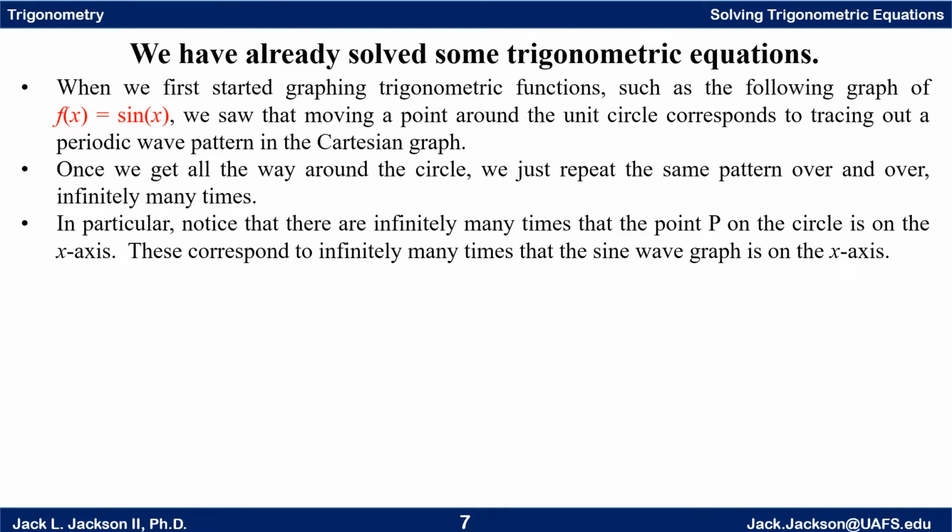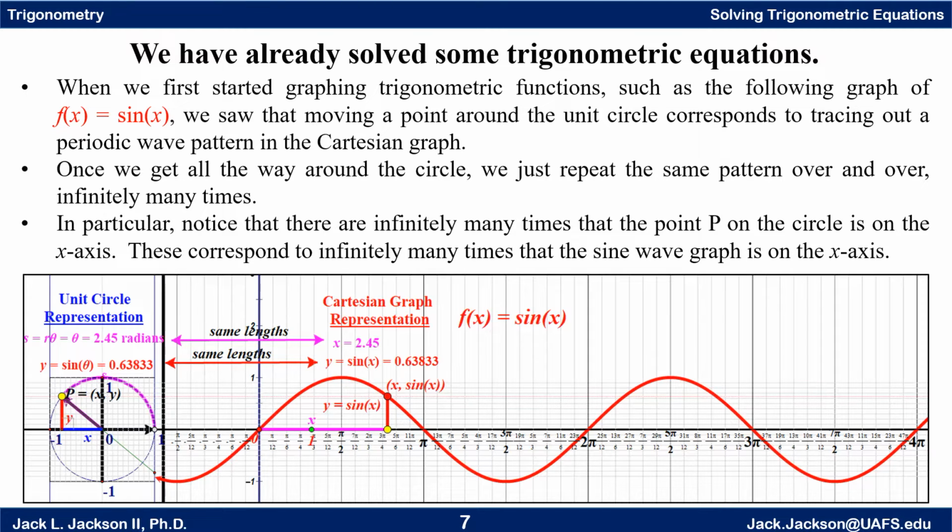When we first started graphing trig functions, like f of x equals sine x, we looked at a picture something like this, where we started with a unit circle picture where, say, the sine of theta, where theta is the arc length here along the unit circle, the radian measure of that amount that point P spins when you flick it and spin it around here.